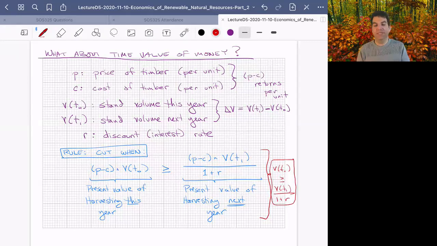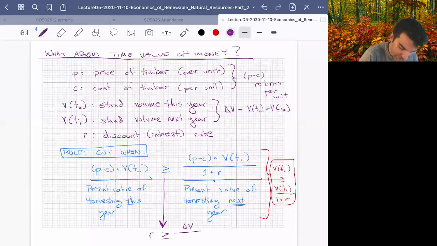But I'd like to put this into the delta V formulation. So you do a little bit of algebraic rearrangement, and what you find out is that this rule is equivalent to saying that you cut when the interest rate from the bank is greater than delta V divided by the current stand volume.